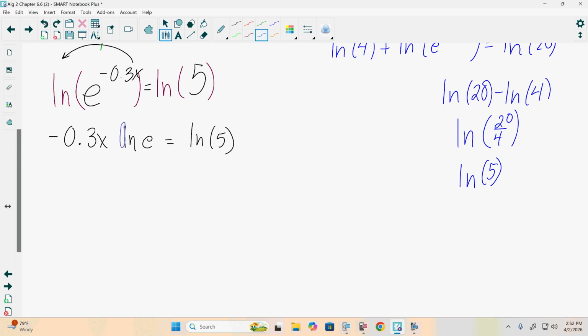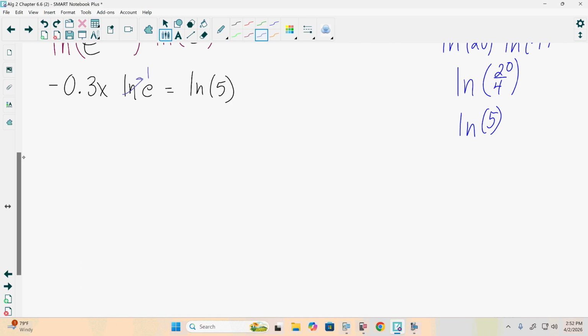That's one way I've kind of kept it straight, and I think it's interesting. But yes, it is 1. So negative 0.3x times 1 is just negative 0.3x is equal to the natural log of 5.